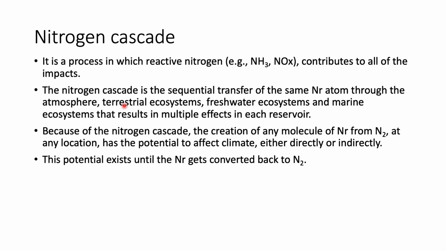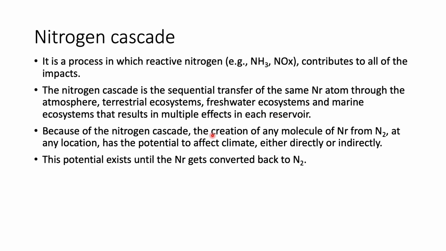Let us look at what the nitrogen cascade is. It is a process in which reactive nitrogen, that is ammonia or nitrogen oxides, contributes to all of the impacts shown in the previous slide. The nitrogen cascade is a sequential transfer of the same reactive nitrogen atom through the atmosphere, terrestrial ecosystems, freshwater ecosystems and marine ecosystems, which results in multiple effects in each reservoir.